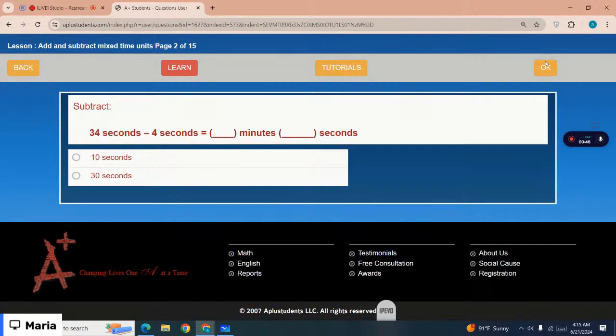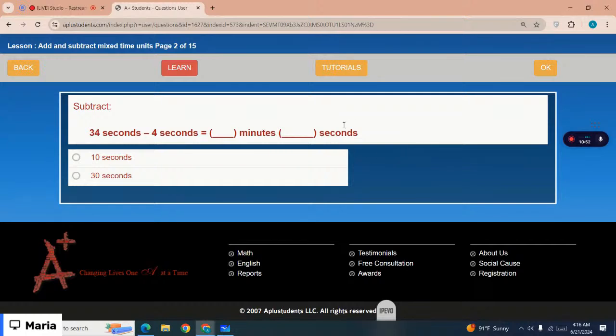34 seconds minus 4 seconds. Which is the correct option? That is 30 seconds.